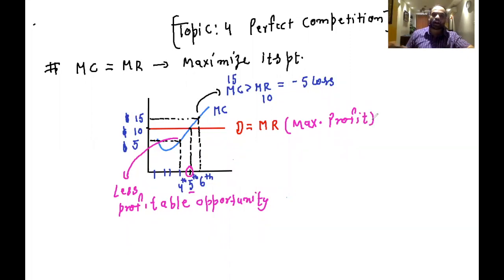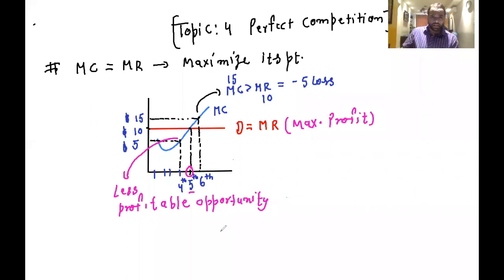That's the idea of MR equals MC. You maximize your profit if you sell one additional unit, but you cannot keep increasing until 6, because your cost will be higher than the marginal revenue. This is the basic idea from the previous lecture.